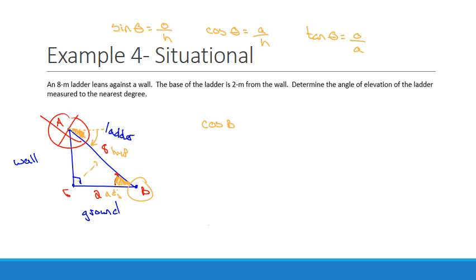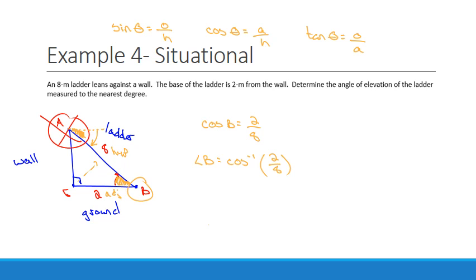So cosine of B is equal to the adjacent, which is 2, over the hypotenuse, which is 8. And just like in the previous question, I could reduce this, but it really doesn't save me anything. So if you want to just write it as 2 over 8 or 1 over 4, it won't matter. The reason it doesn't matter is that the decimal value is the same. 2 divided by 8 is 0.25. 1 divided by 4 is 0.25.